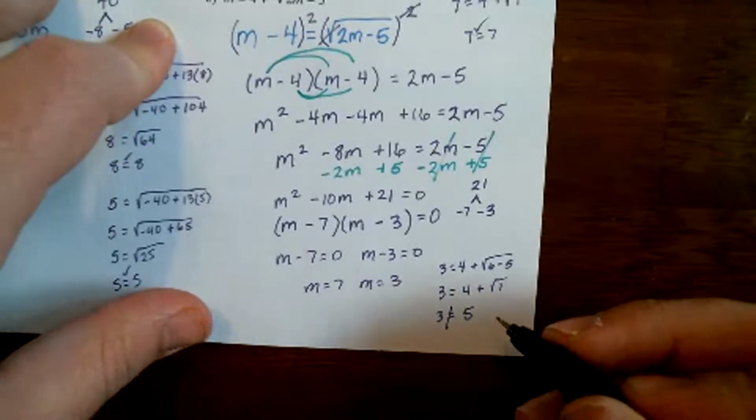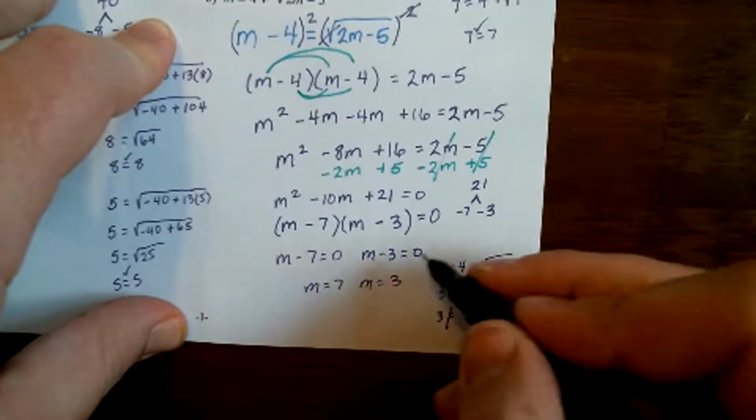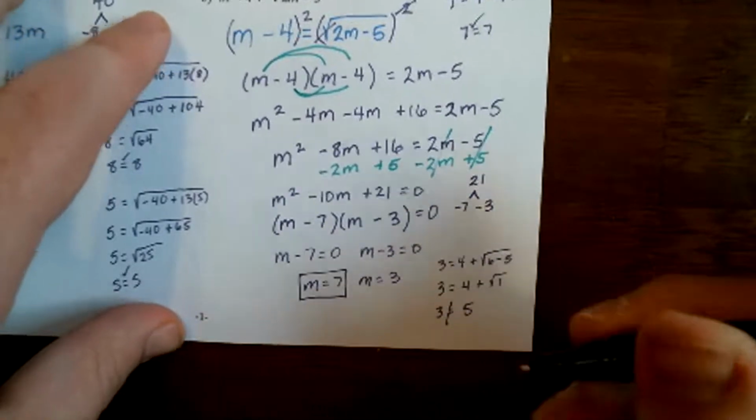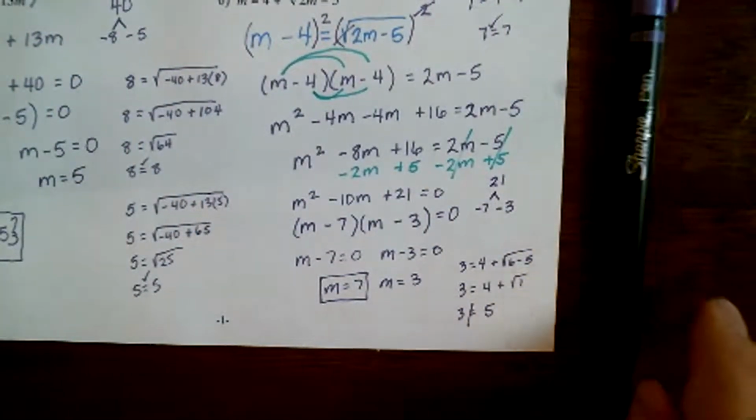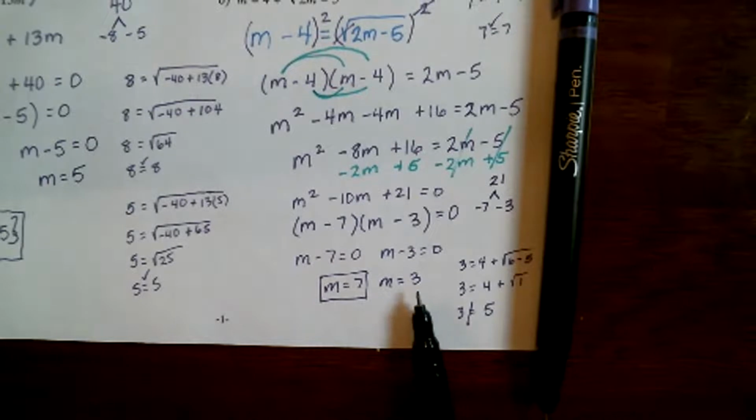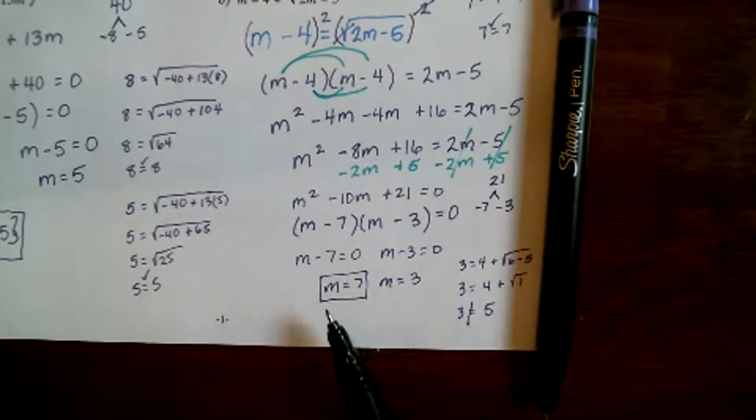That does not equal. So my only answer, I don't have to say m equals 3 is extraneous. I just have to say my answer is m equals 7. Trust me, on a test, if you got something like this, it would say 7 and 3. Try to throw you off, but always check for extraneous solutions.